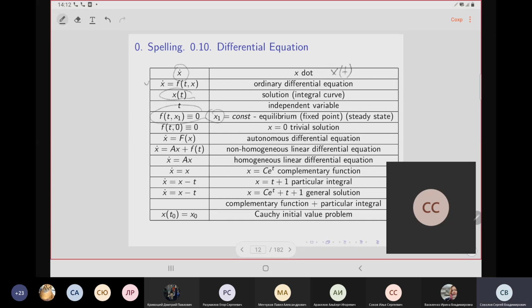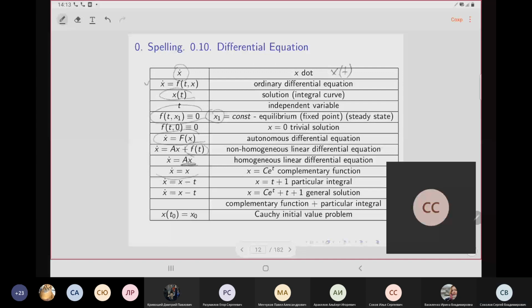If x1 is 0, then we say that the equation has a trivial solution. If the right-hand side does not depend on time, we say this sort of equation is autonomous. Then some sorts of differential equations: a linear homogeneous equation and a linear non-homogeneous equation.